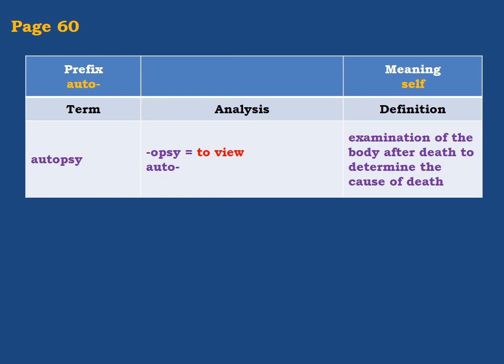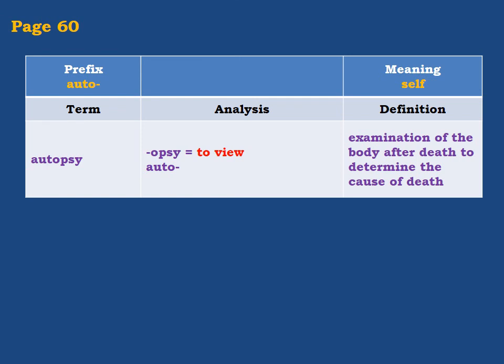And here maybe you can find some kind of exception. We cannot get the full meaning from the meaning of the parts put together. Here it means examination of the body after death to determine the cause of death.